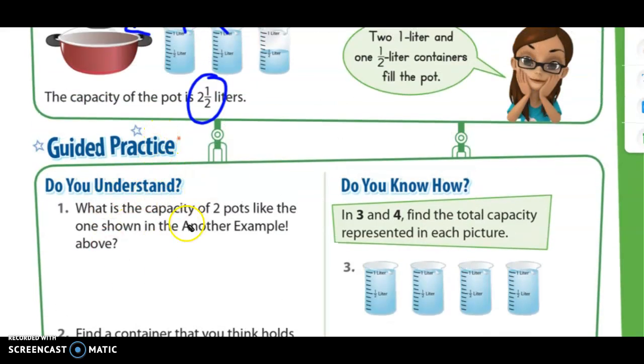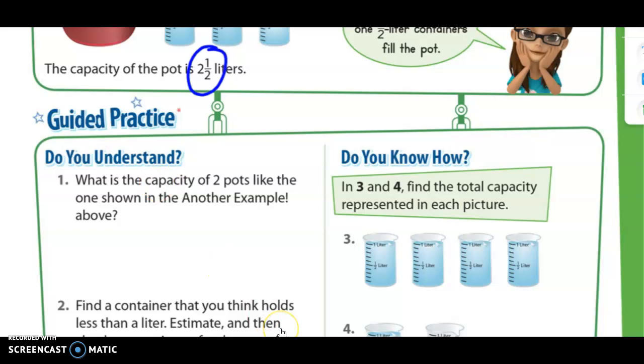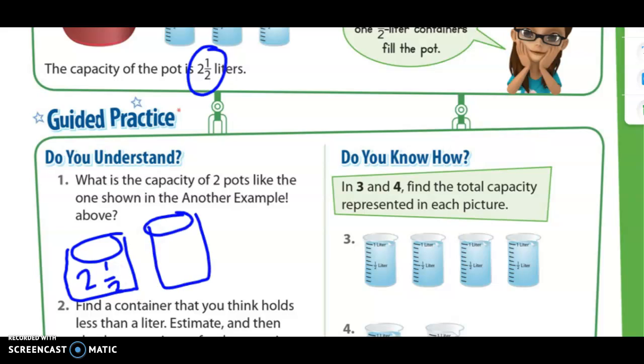What would the capacity of 2 of these pots be? Okay, that's what this question wants to know. Well, if one of them holds 2.5 liters, and another one must also hold 2.5 liters, then basically I want to know what is 2.5 and 2.5.